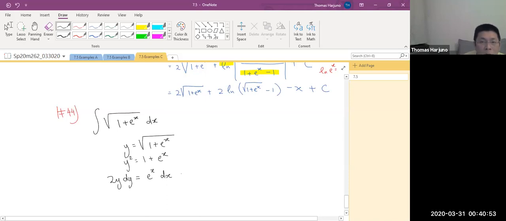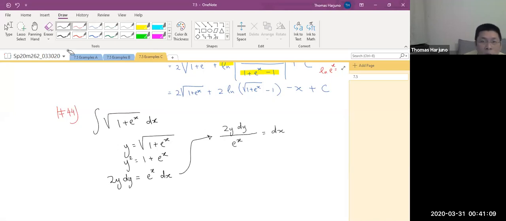And go on further, then 2y dy over e to the x equals dx, but e to the x is y squared minus 1.